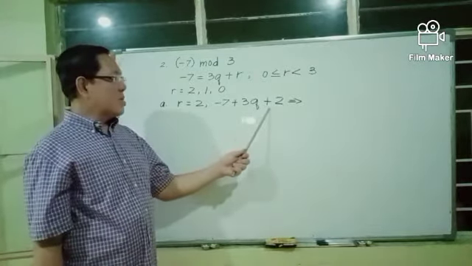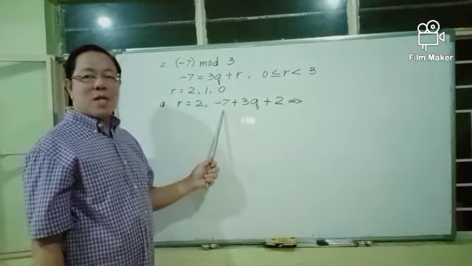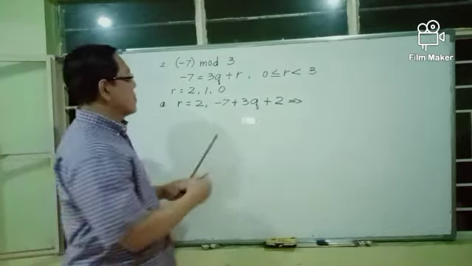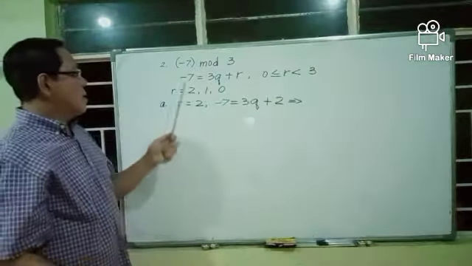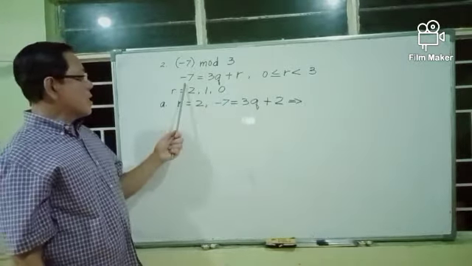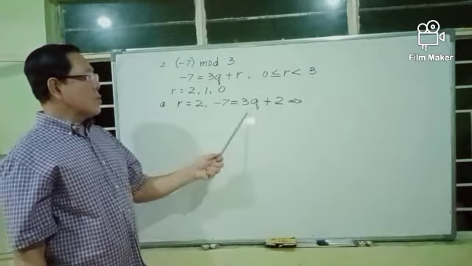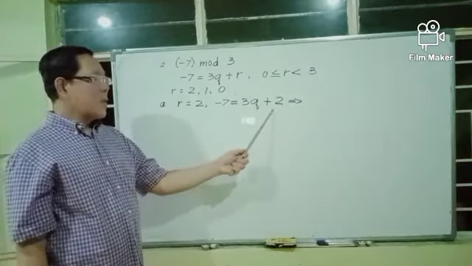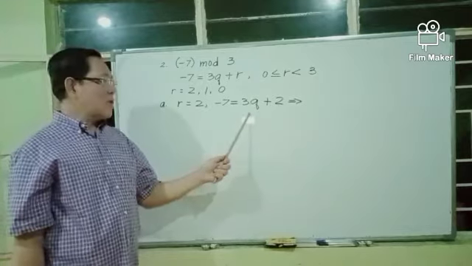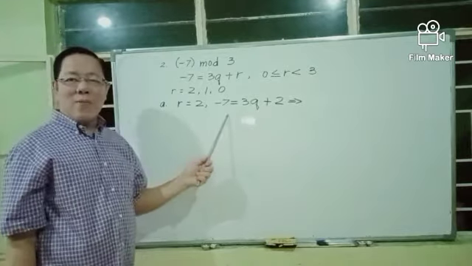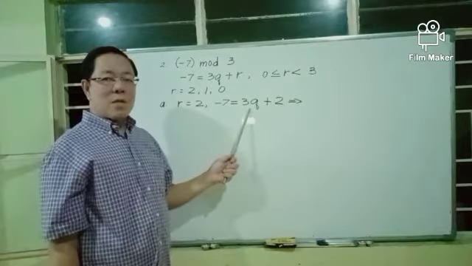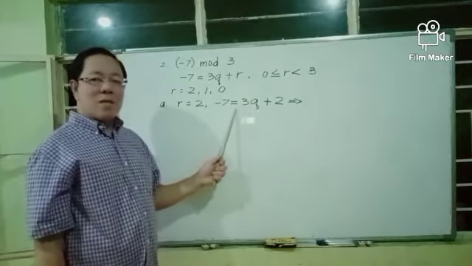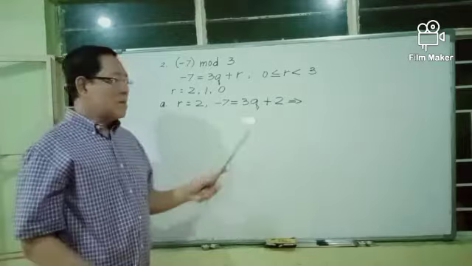We transpose positive 2 to the left-hand side, we have negative 7 minus 2 equals 3q, or 3q equals negative 9.